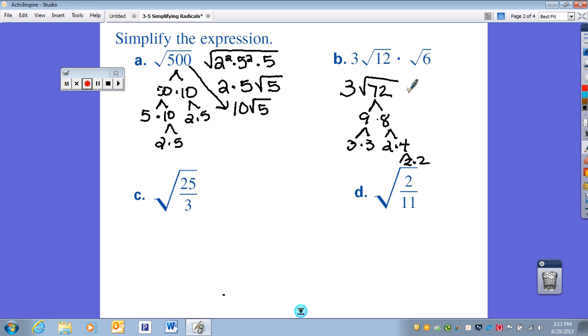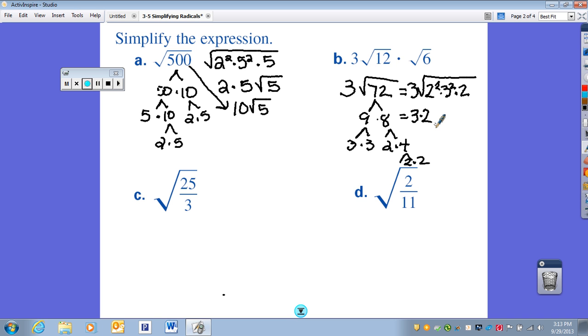So I'm going to rewrite the radical with my coefficient of a 3 and list my factor pairs. So I have 2 2's, which would be 2 squared. I have 2 3's, which would be 3 squared, and then I have a 2 by itself. So my 3 that I have out front, I'm going to leave. The square root of 2 squared is 2.